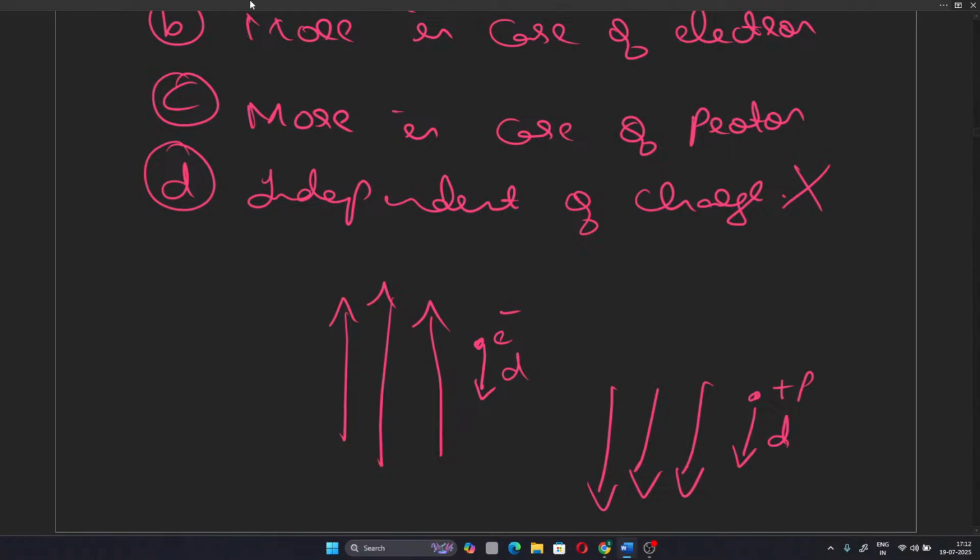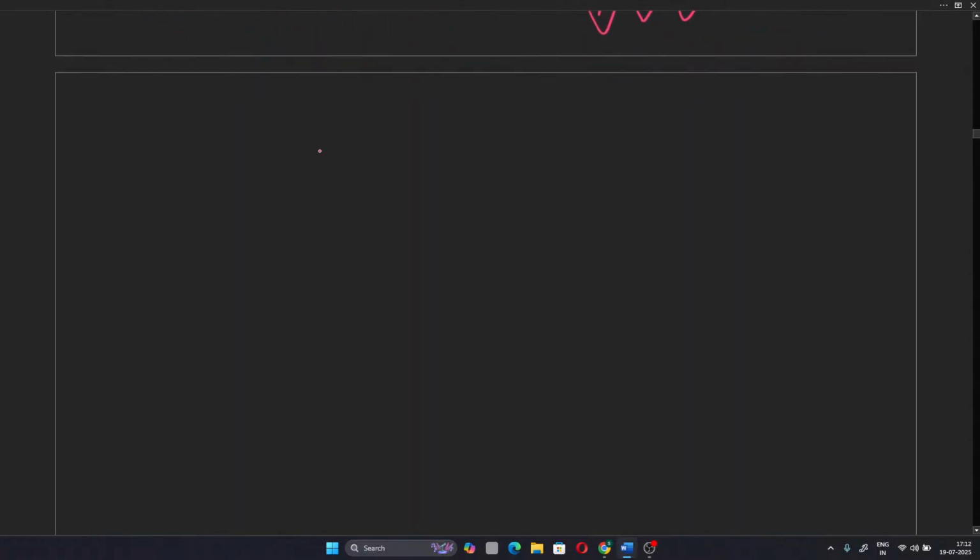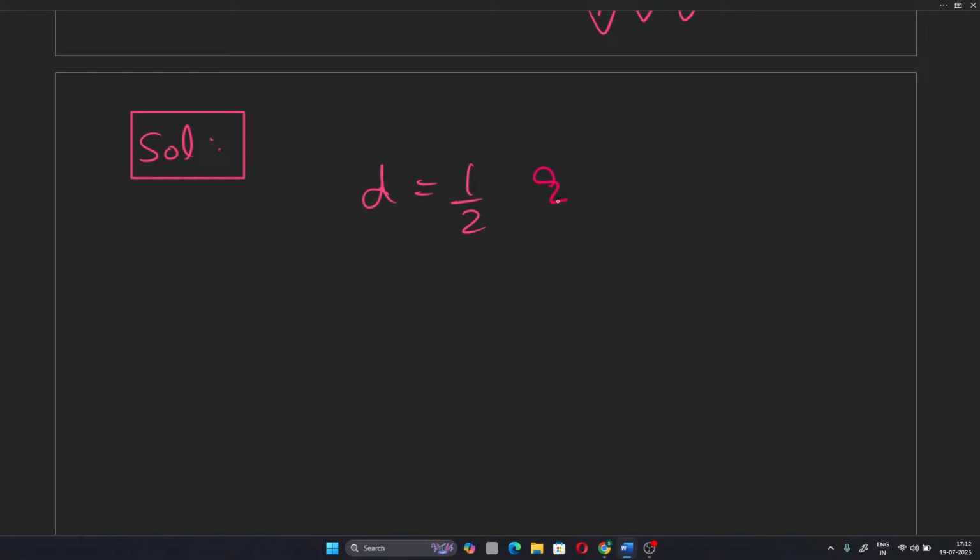Basically, this answer depends on an equation here, that is D equals half of QE by M T square.